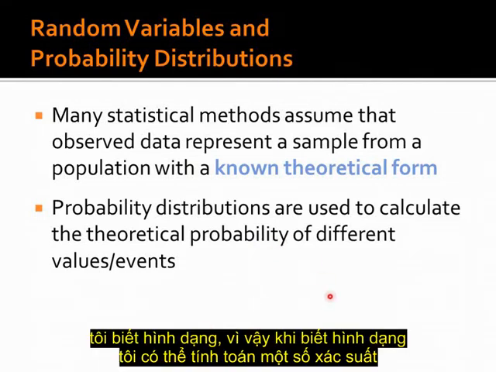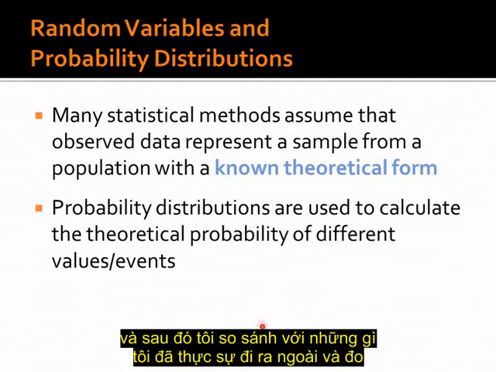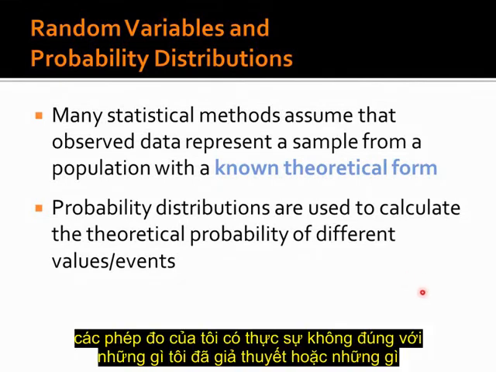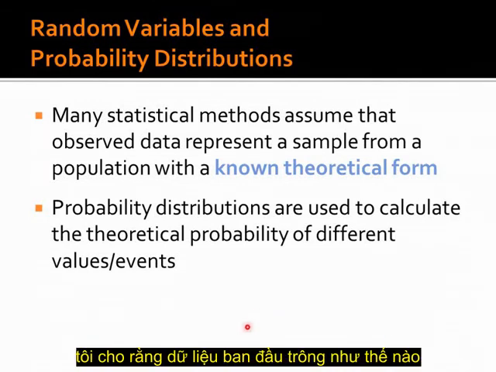I know the shape, and so knowing the shape, I can calculate some probabilities, and then I compare that to what I actually went out and measured. Did my measurements actually agree with what I hypothesized or assumed the original data would look like?